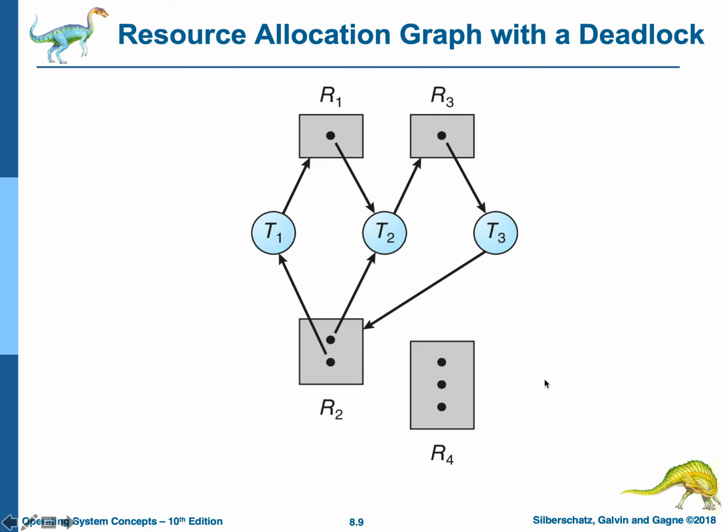Now we will see a condition where a deadlock actually exists. Suppose here is a resource allocation graph, and we will evaluate whether there is deadlock or not.